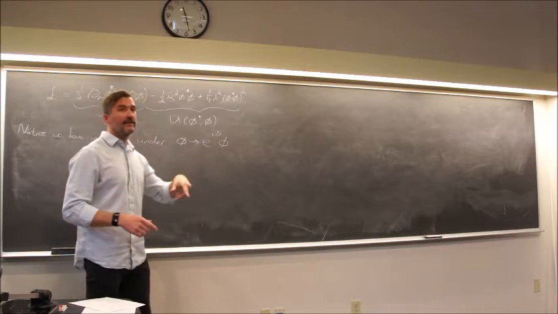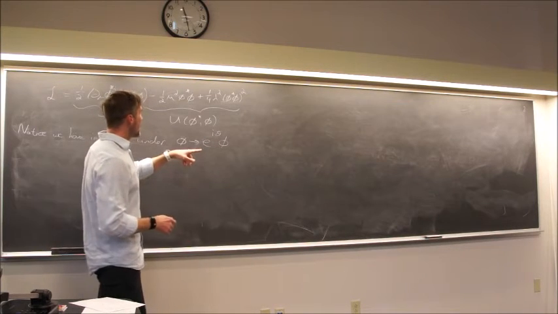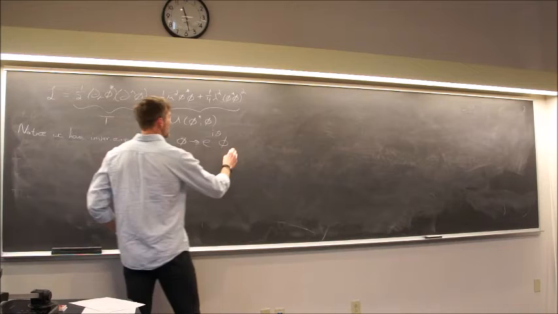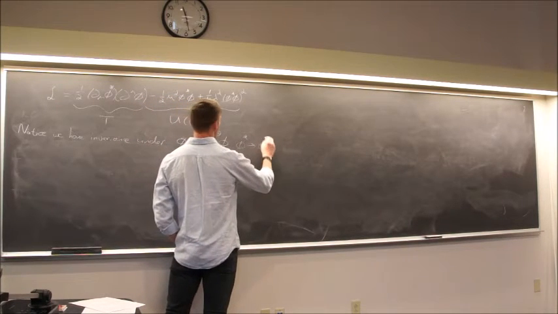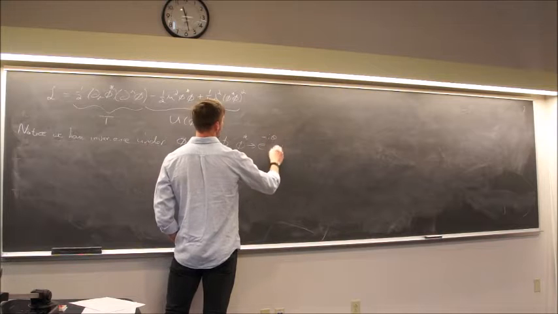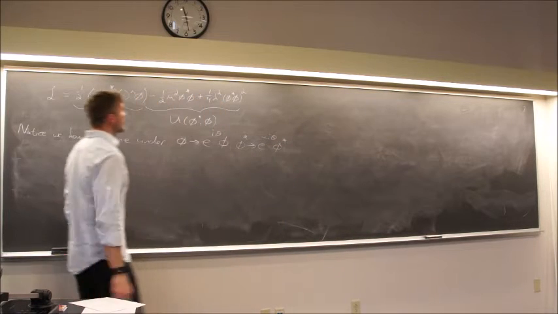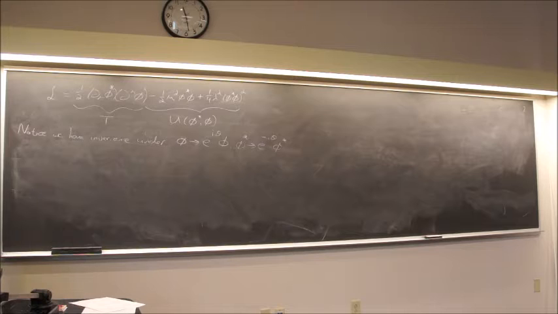And phi star naturally would transform as e to the minus i theta times phi star. We can just look at the form of this and say, yeah, that's invariant.